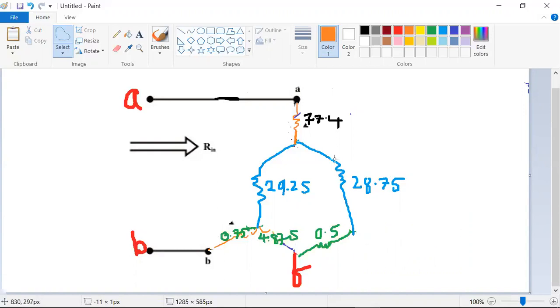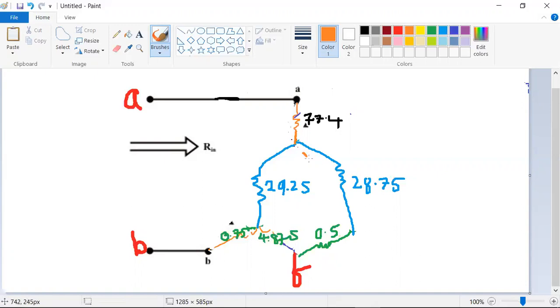So I'm going to remove this resistor. After removing the resistor, this complete circuit has 28.75. This 28.75 and 0.5 will be in series, right? Then let me add 28.75 plus 0.5, which will be 29.25.